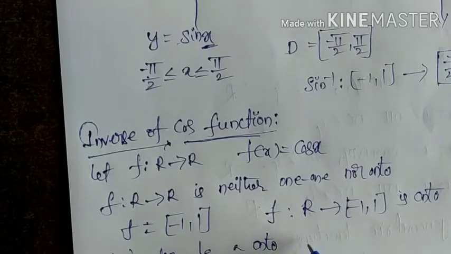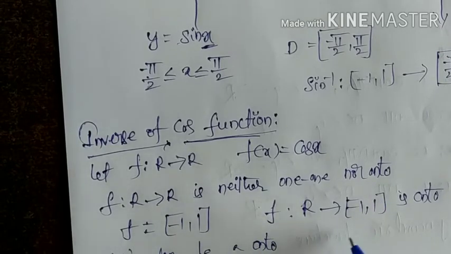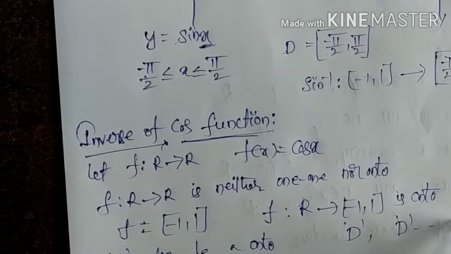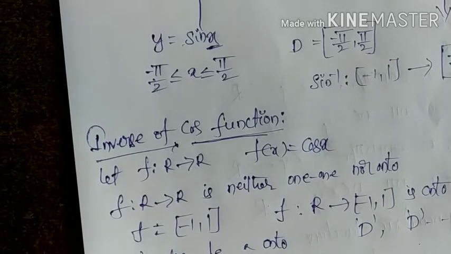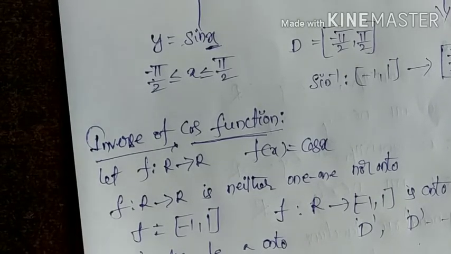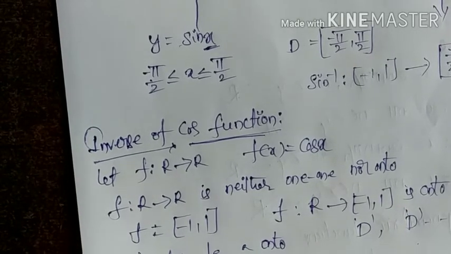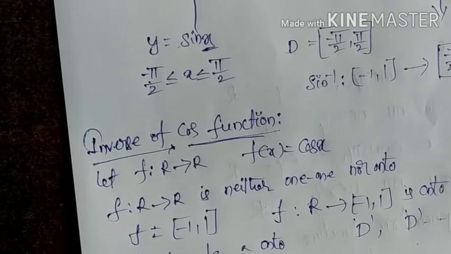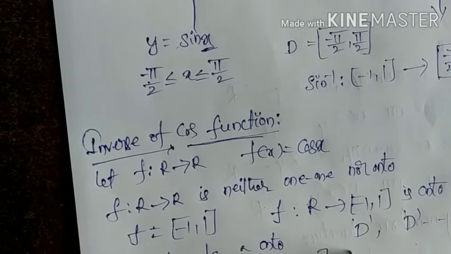F can also be one-one and onto if we restrict the domain to certain intervals D. The D can be any one of the following: minus pi to 0, here D means domain, and 0 to pi, pi to 2 pi, and so on.